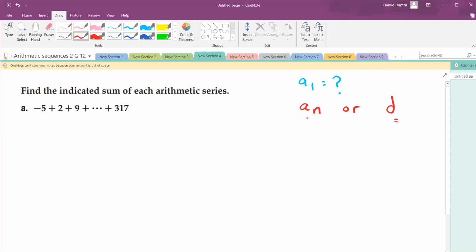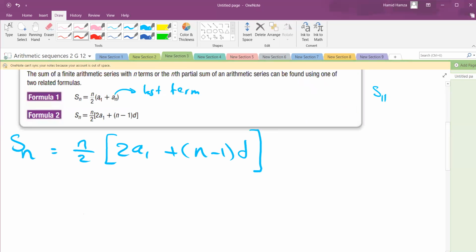One of them must be given. And the very important point is n, the number of terms you want to add. So how many terms here? How many terms do you want to add? So n is missing.